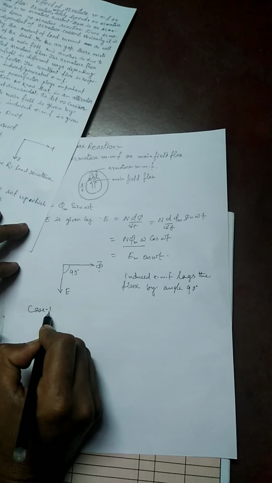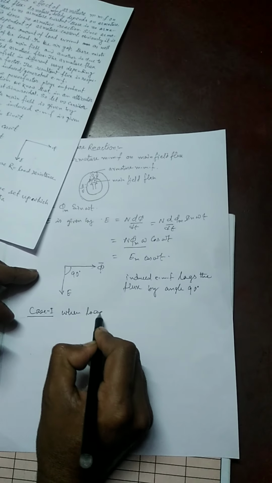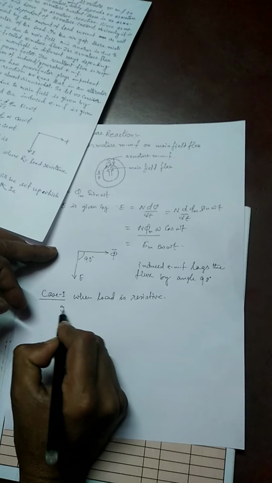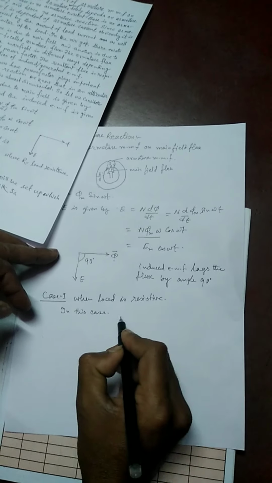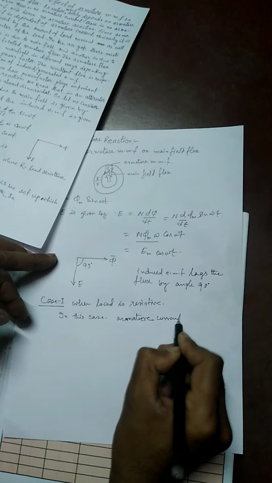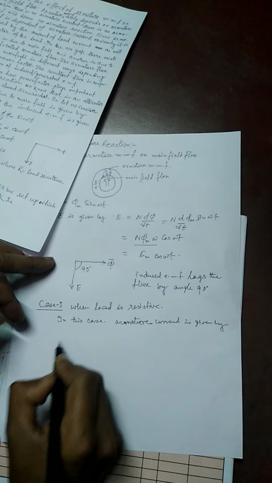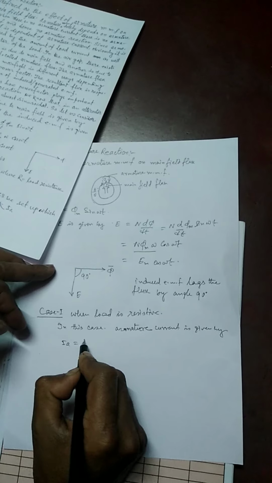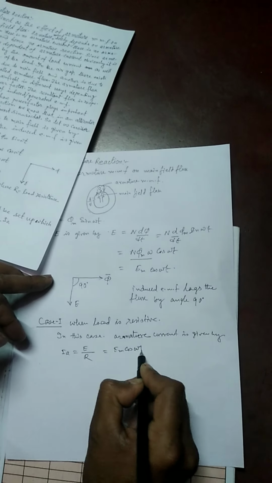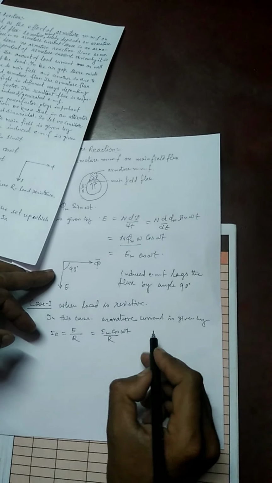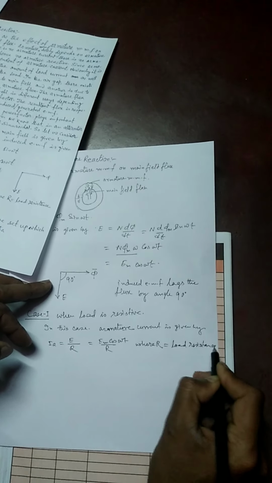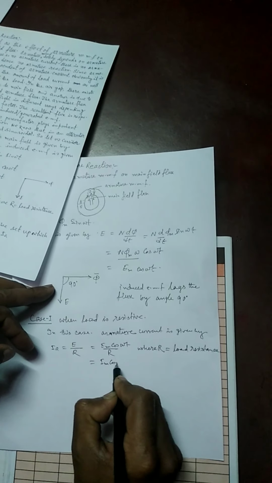Case 1. When the load is resistive, in this case the armature current is given by Ia equal to E by R, equal to Em cos omega t by R, where R equal to load resistance, equal to Im cos omega t.